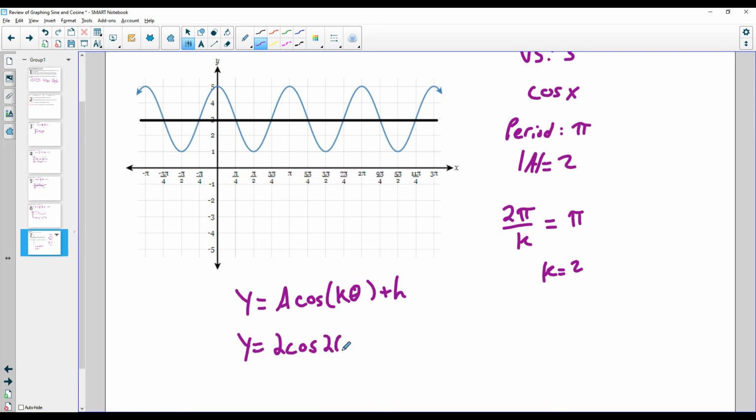Our k is 2 theta, or this one's probably going to want it in x, right? Because this is an x-axis, not a theta axis. 2x, and then plus h, our midline is 3. And that's going to wrap it up for reviewing sine and cosine, the graphing of it.